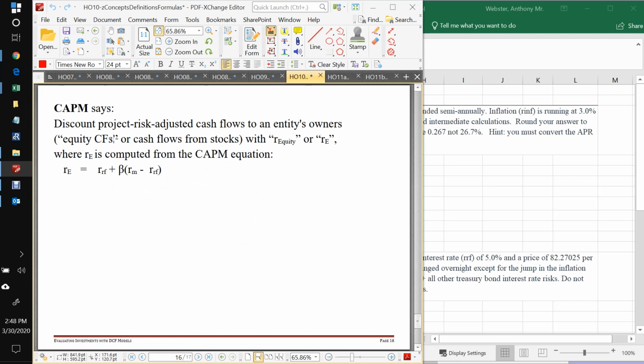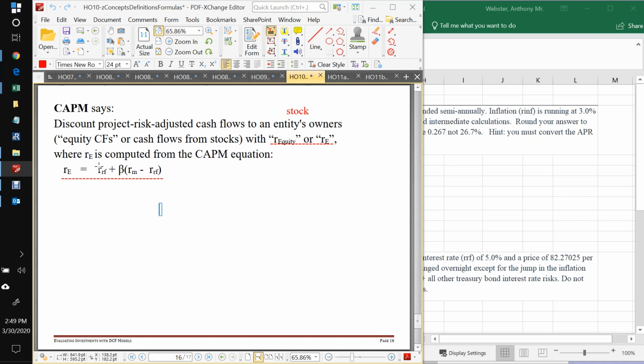It says we're going to discount our project risk-adjusted cash flows to an entity's owners. Remember, we're talking about stock here, so we're talking about an entity's owners. Okay, we're going to discount these cash flows with what we're going to call RE, or R equity, in the model, where RE comes from this equation.